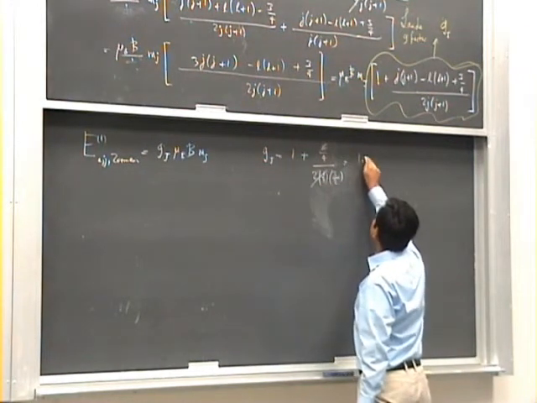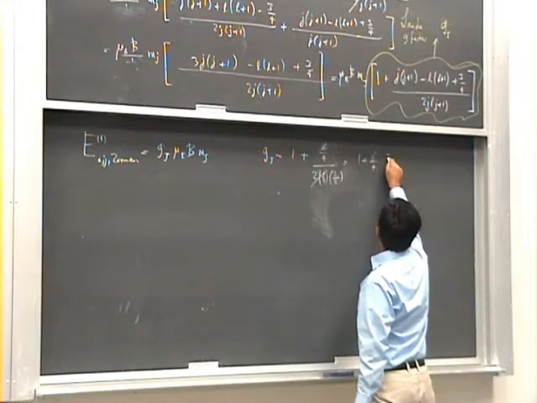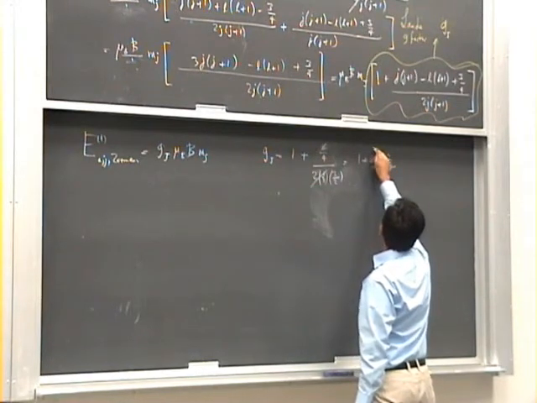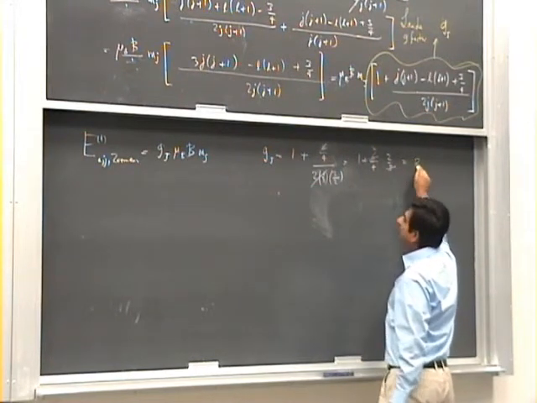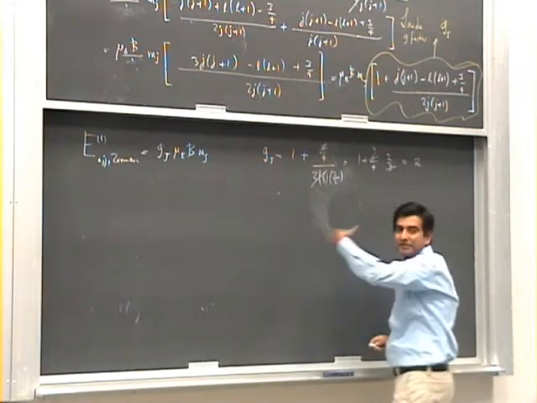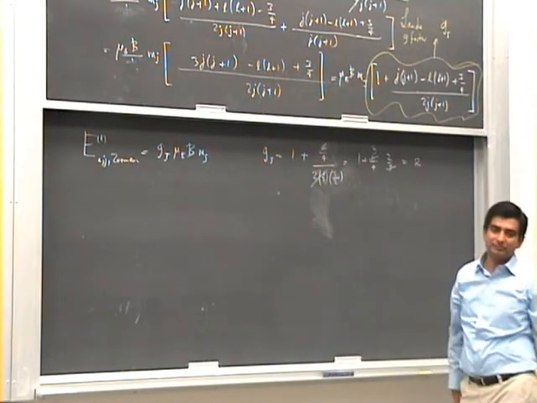So 1 plus 6 by 4 into 2 by 3, which is 2. And we know that the g factor for a single spin half electron is 2.